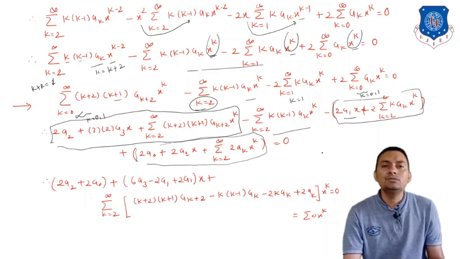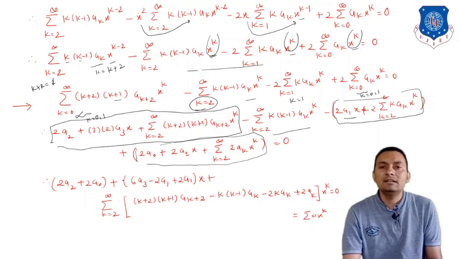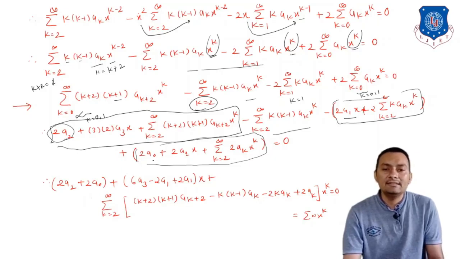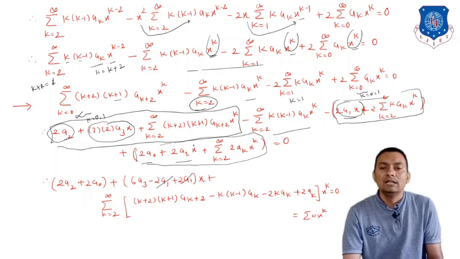Now what I have to do, I have to first simplify the first constant, so 2a2, and like that this is the 2a0, plus the coefficient of x, so I'm just going to consider this one, and then this one, and then also this one, so you can see that this is going to be cancelled out, plus summation k equal to 2 onwards. So this I'm just going to combine with this, and x raised to k is common that I'm just writing here.